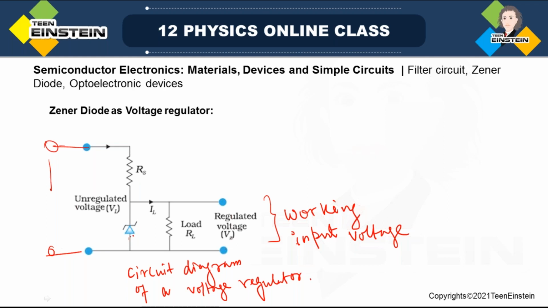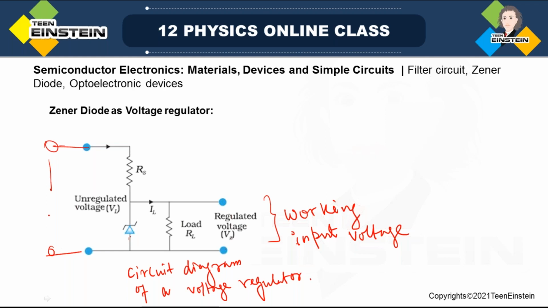This series resistor you have to choose according to certain properties, like how much Zener breakdown voltage is there, how much output you need, and how much unregulated input voltage is there.